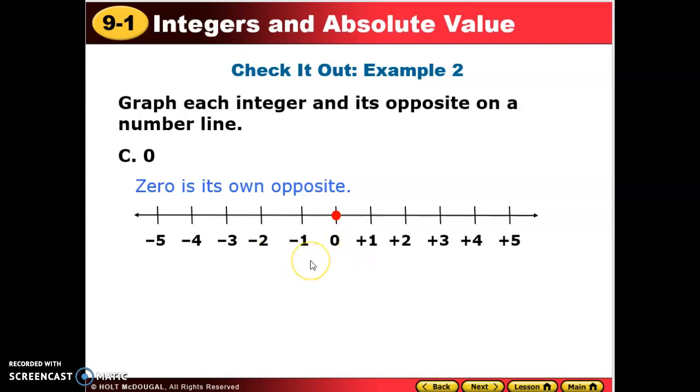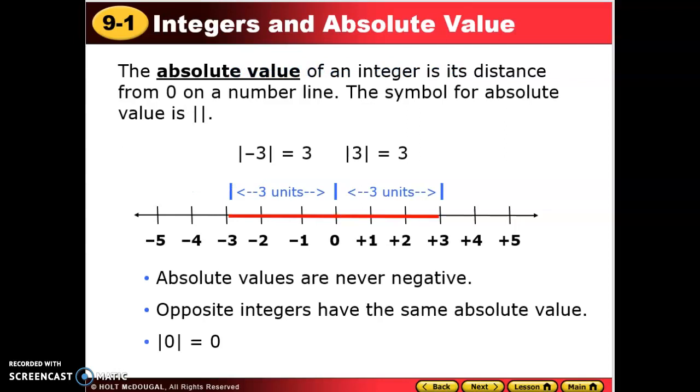Now, something you might not have heard of before has to do with absolute value. And if you notice these lines, those are the lines that represent absolute value. So it says the absolute value of an integer is its distance from 0 on a number line.